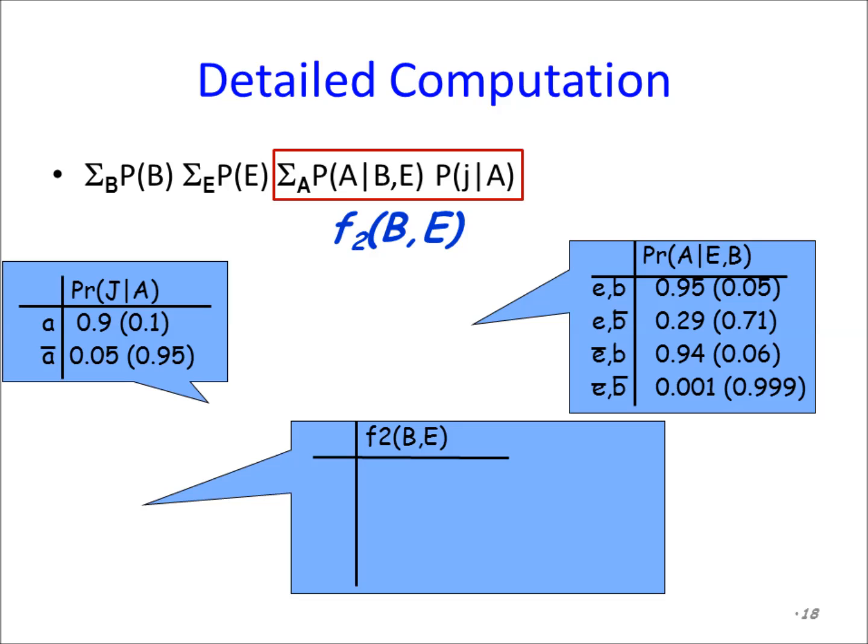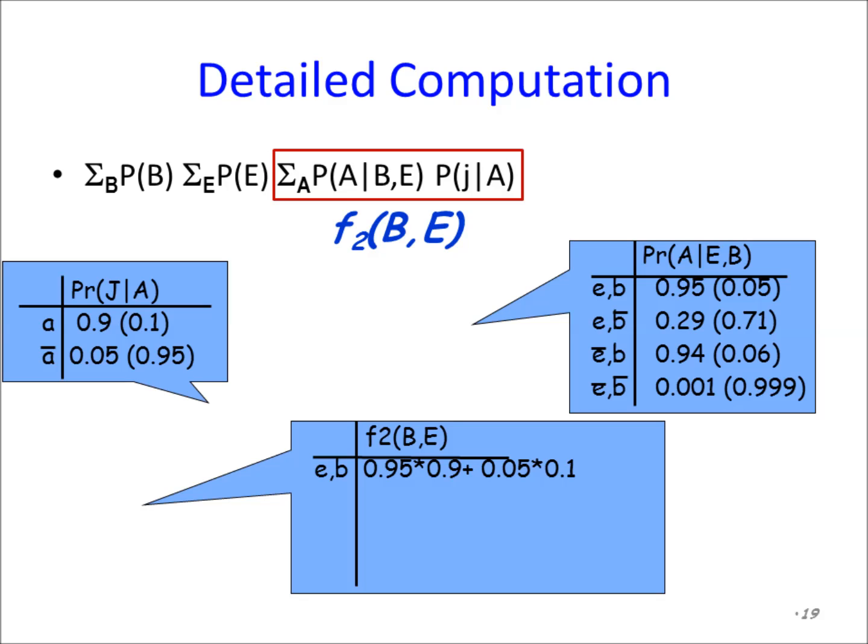And then plus, because we are summing out A. Now which value of A are we going to look at now? False. Now alarm hasn't happened. So which term will we be taking from here? 0.05, because alarm hasn't happened but E and B are true. And which term are we going to take from here? 0.1, because alarm hasn't happened. Sorry, 0.05. Okay, so this is wrong.